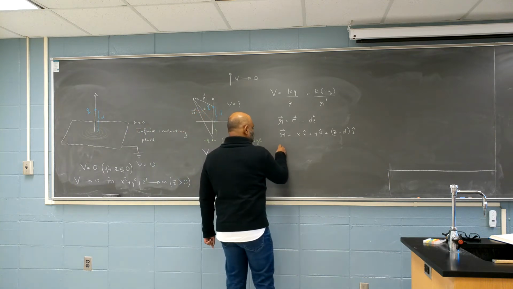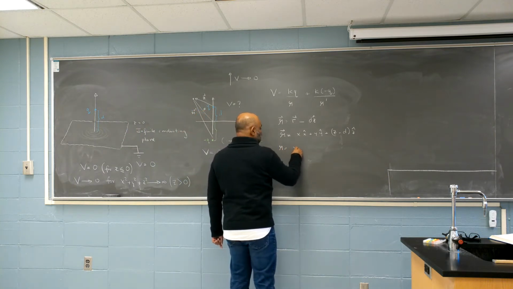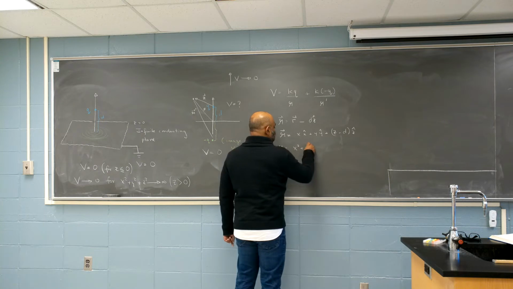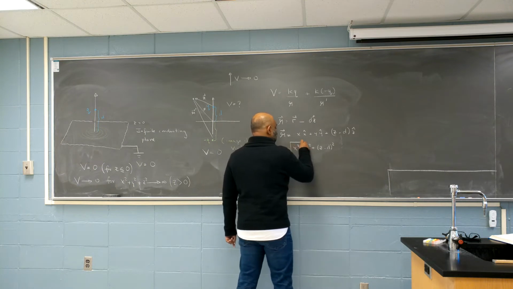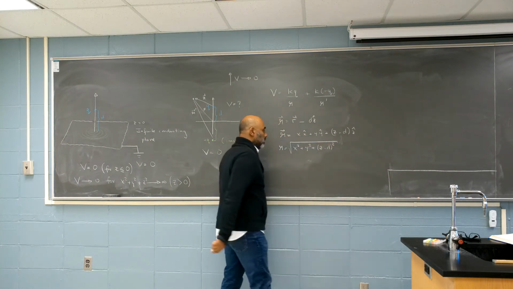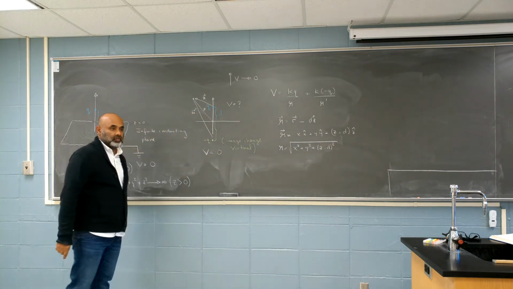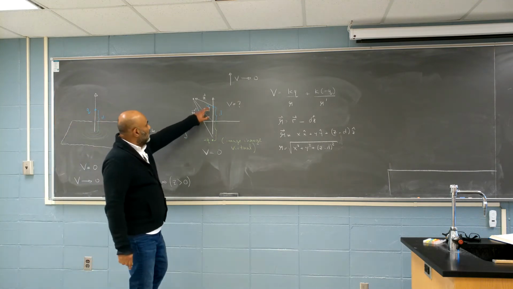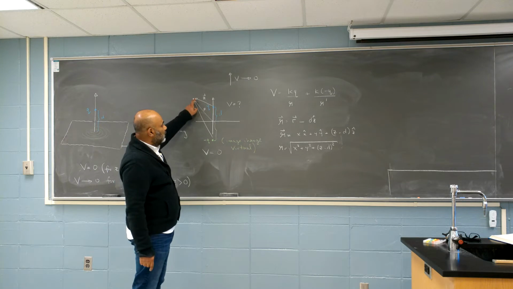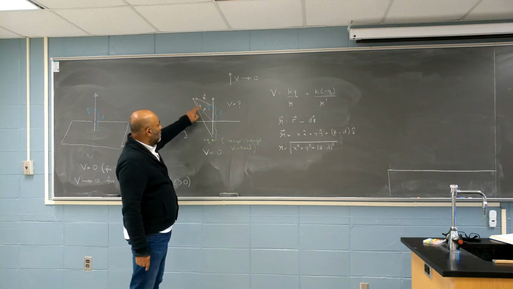Therefore, the actual distance is square root of x squared plus y squared plus z minus d squared. See? This is nothing more than this minus that.